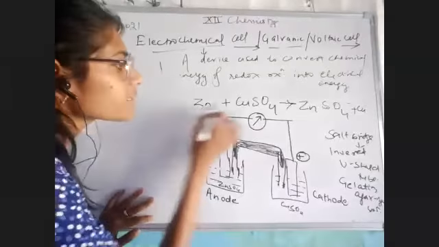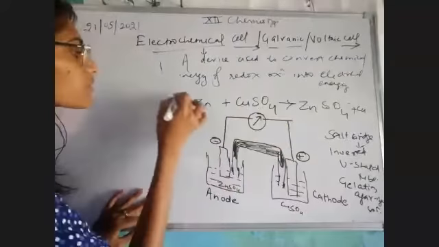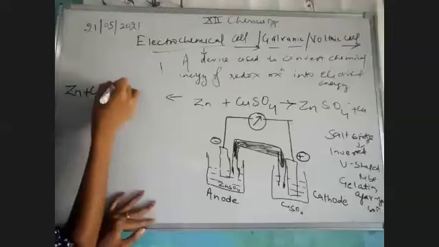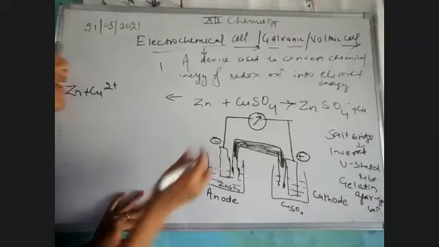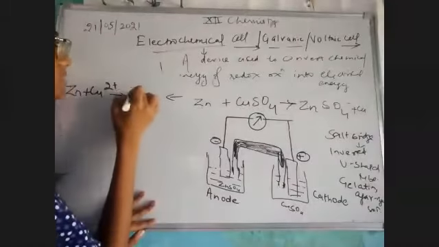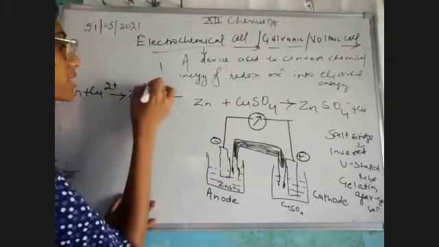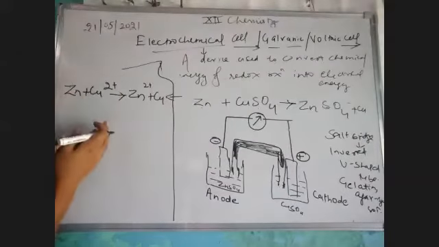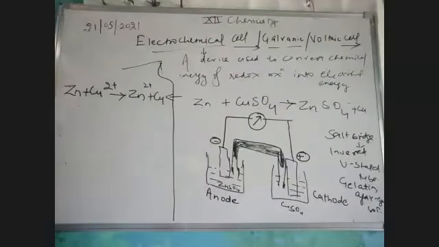We have zinc plus copper sulfate, or we can say zinc plus copper 2 positive, converting to zinc sulfate plus copper, or we can say zinc 2 positive plus copper. Now the point here is, what is this reaction?